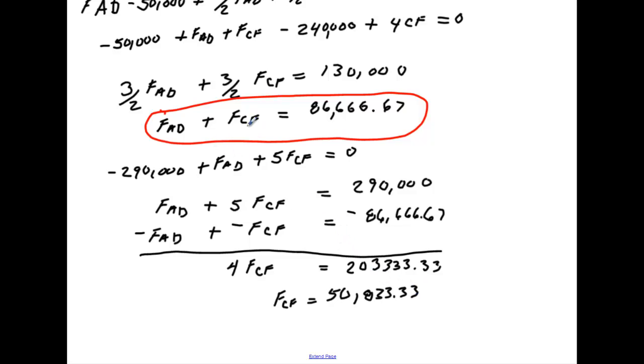Then we can get FAD right here. We're going to take 86,666.67. We will minus that one, and that gives me 35,000.